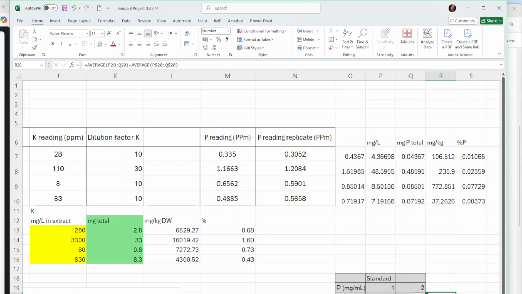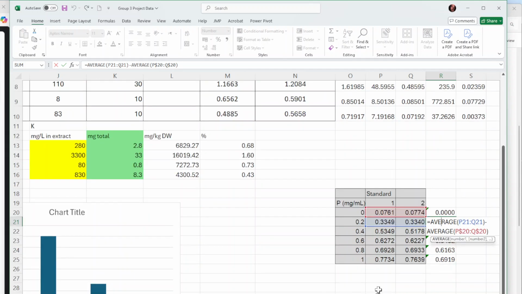But you have to subtract the average of the reading of 0.2 minus the average of the reading of 0. So it will give you the average absorbance. This is the delta. I've shown you; you did this in the other class. So this is the delta absorbance.